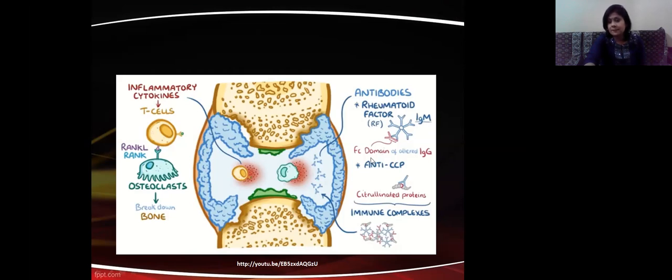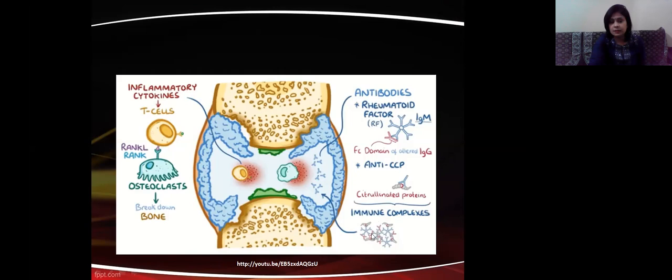directed against the Fc domain of altered IgG. So this IgM, which is known as rheumatoid factor, binds with altered IgG and will form immune complexes. In the same way, the anti-CCP antibodies will bind with the citrullinated proteins, and in such a way they will form immune complexes.